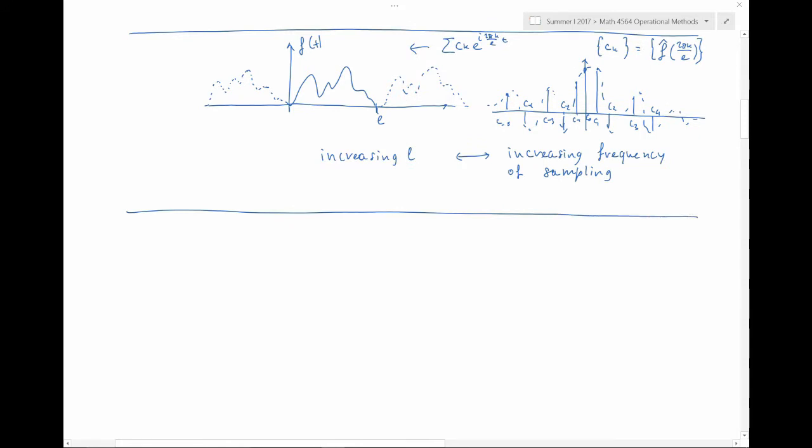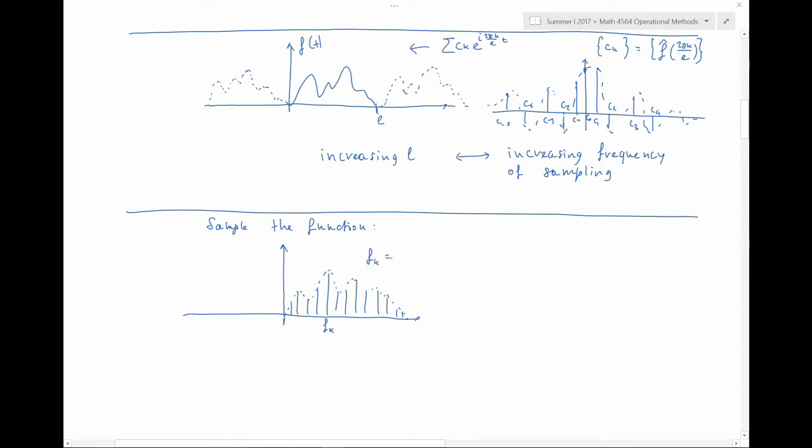So if we sample the function, so sin is non-zero on some interval, and then we just take the samples of the function at some predetermined frequency.